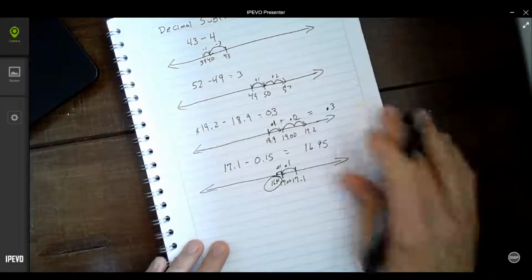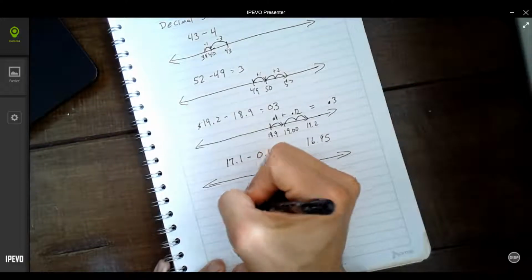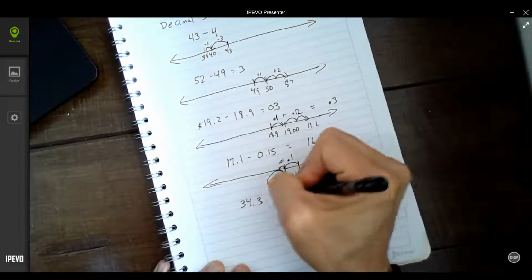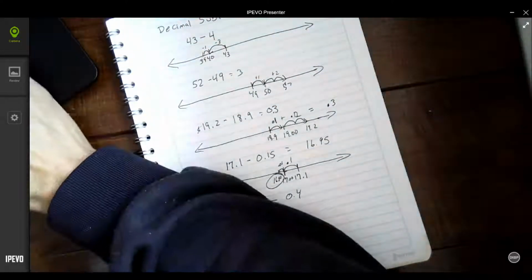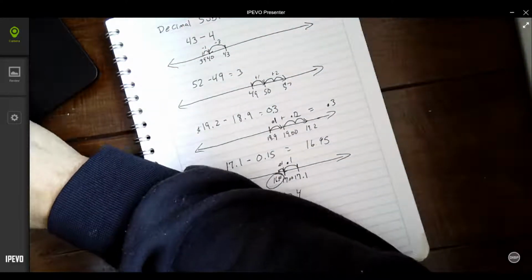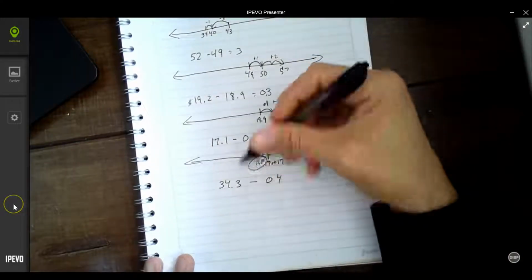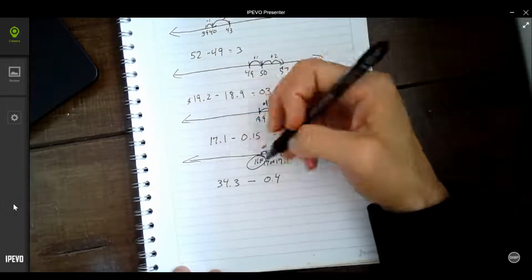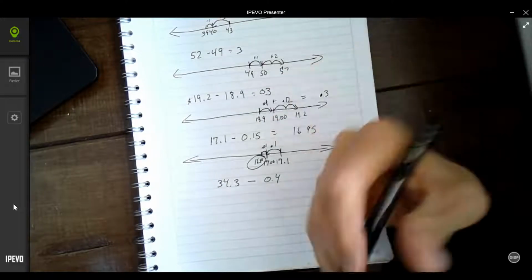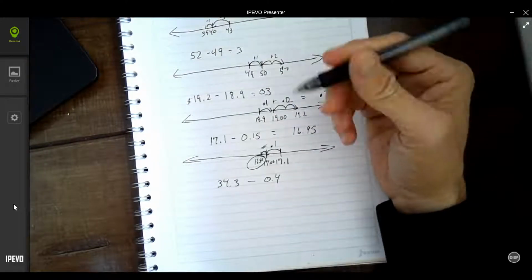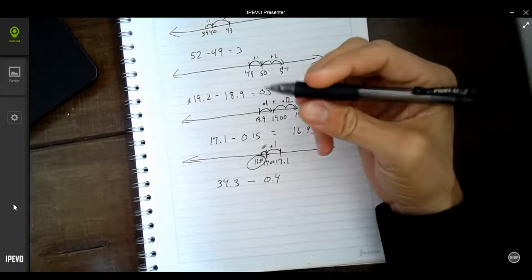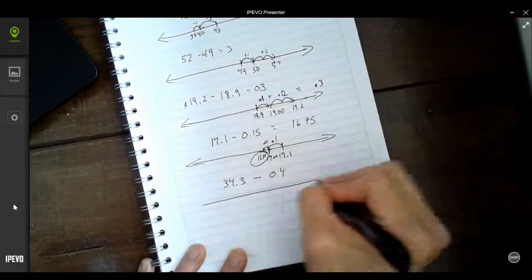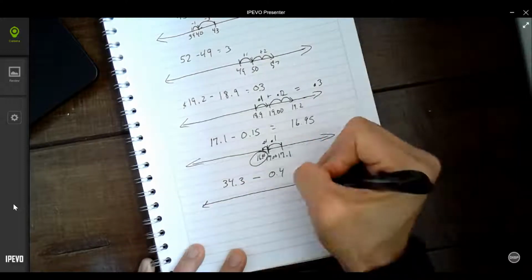Next problem to take a look at is 34 and 3 tenths minus 4 tenths. Go ahead and pause it, solve it, and share it. Again, if we want to think of it in terms of money, we have $34.30 minus 40 cents. Same sort of thing we're looking at here. So I'm going to do the removal here.